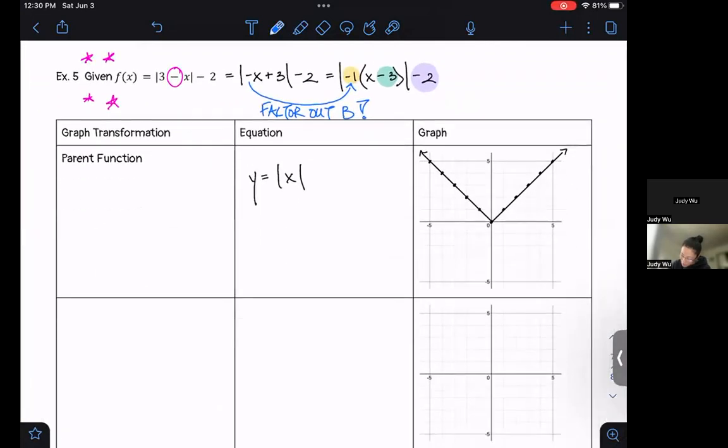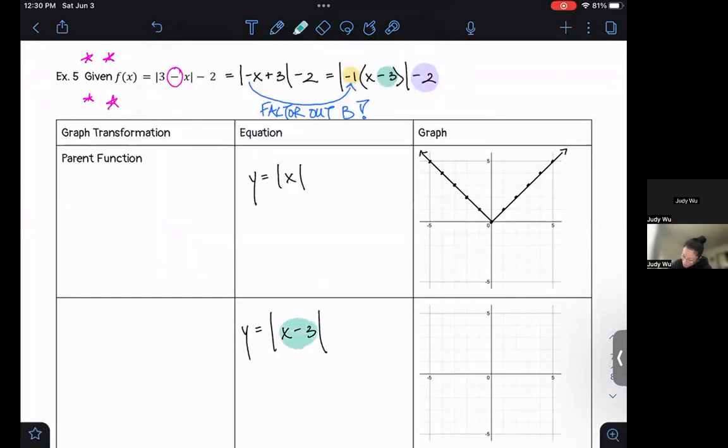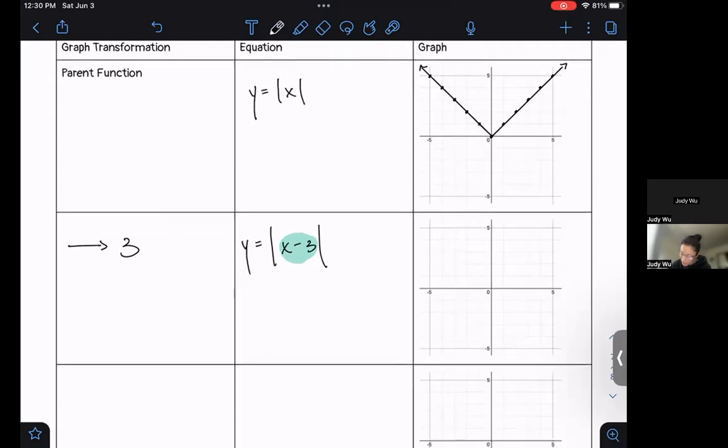All right, so our first thing, we are going to say y equals the absolute value of x minus 3. And this minus 3 shifts the graph to the right 3. Okay, remember the horizontal ones are the opposite of what we think.